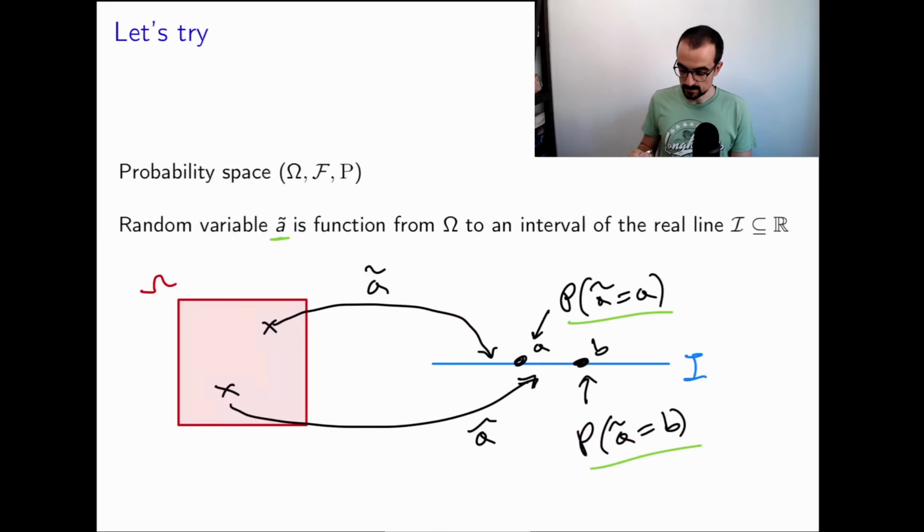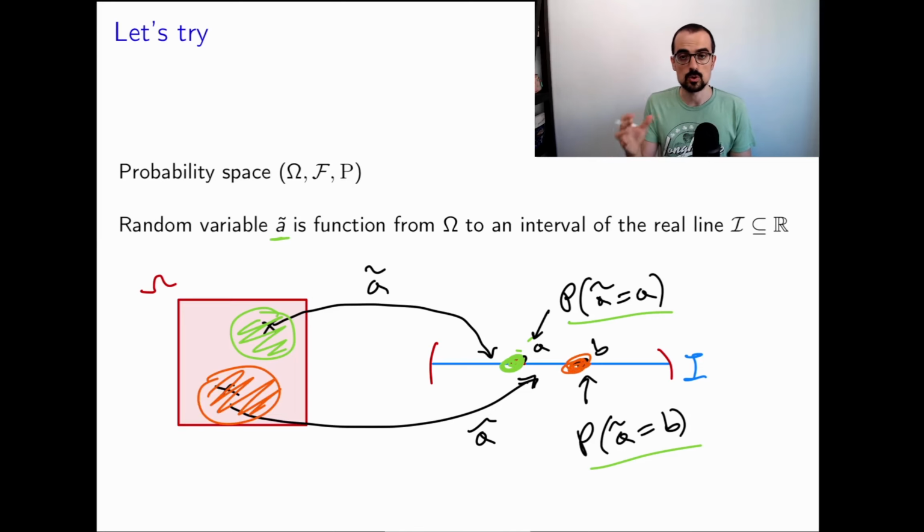By the same argument, if we're mapping points to an interval and all outcomes get mapped to our interval, then when we consider the probability of all the outcomes, maybe here, that map to a certain point A, plus the probability of all the outcomes, maybe here, that map to a certain point B, and so on and so forth, when we add all of those up, they should add up to 1.